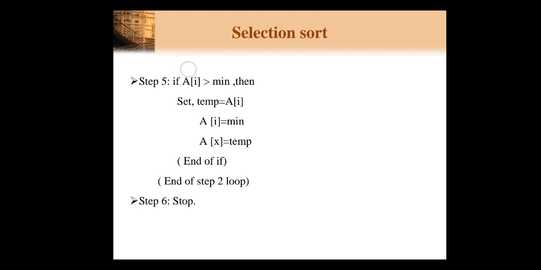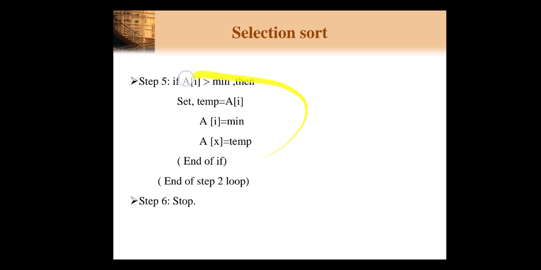Once we find the minimum value, in the next step we check whether our first element, a of i, is greater than the minimum element. From the second to the last element, we found some minimum value. We check whether a of i is greater than that minimum value. If a of i is greater than that minimum value, then we use the swap logic.